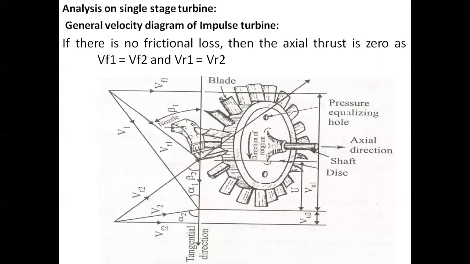This is the impulse turbine's blade mounted on this hub, and it rotates in this direction.